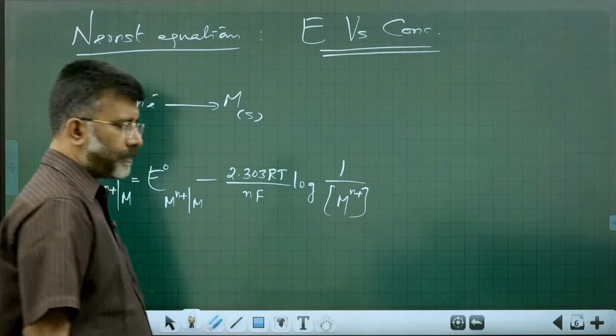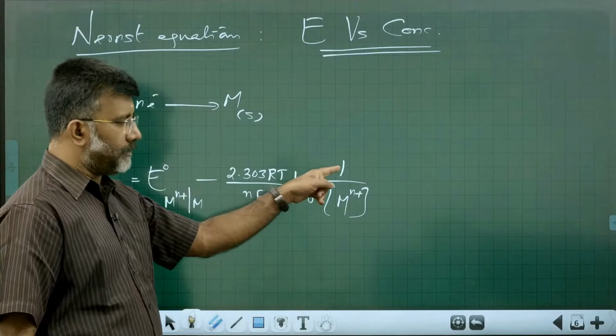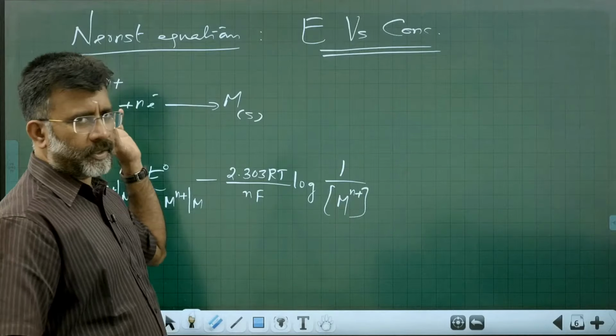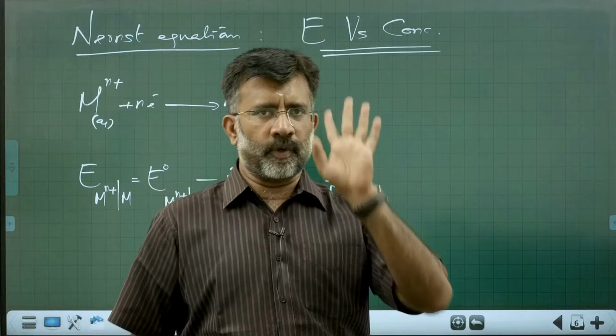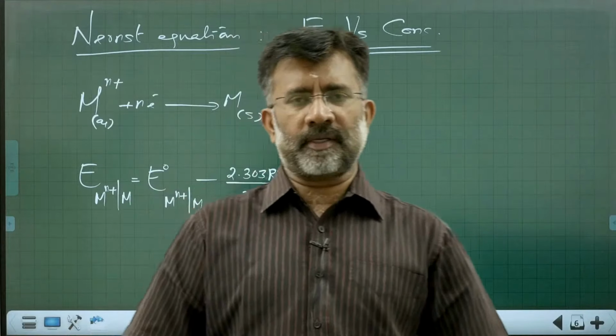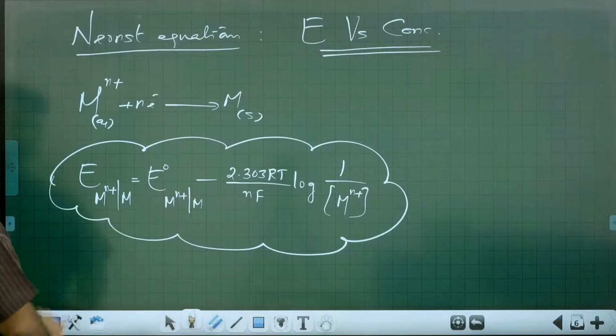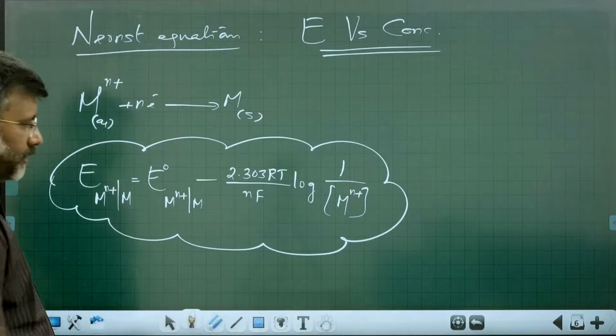Actually, this term will come in the numerator, but the concentration of solids is taken as unity, therefore it is omitted. So this is the basic Nernst equation for a particular electrode reaction.